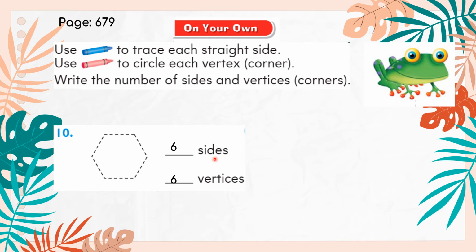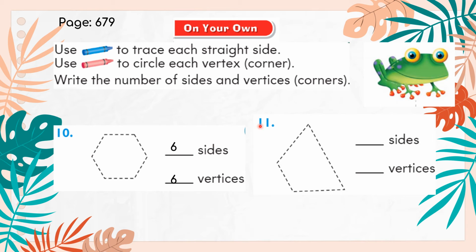So if it has 6 sides and 6 vertices, it means this is a hexagon. Let's look at this shape now. It has 1, 2, 3, and 4. It has 4 sides. How many vertices? 1, 2, 3, 4. 4 vertices. Alright?